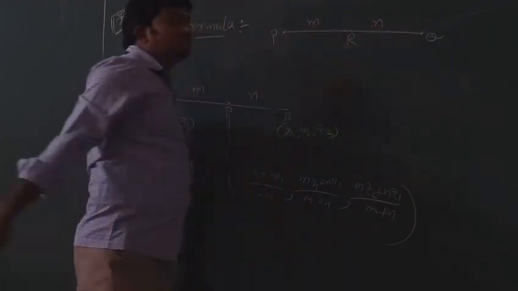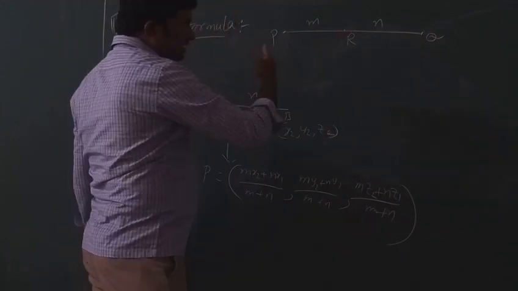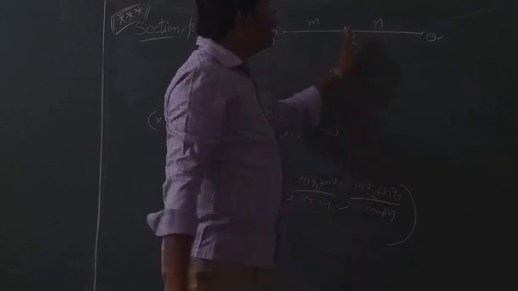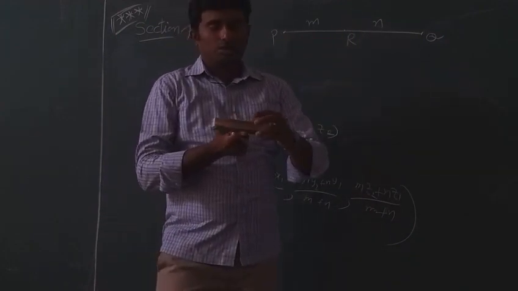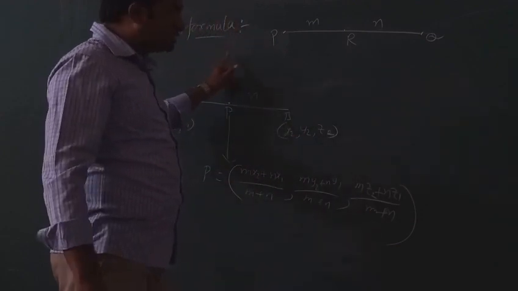That is M is to N internally, because R is in between somewhere, not at exactly equal distances from P and Q. If these two distances are equal, then R is called what? Middle point of the segment. That we will see after the derivation of the section formula.